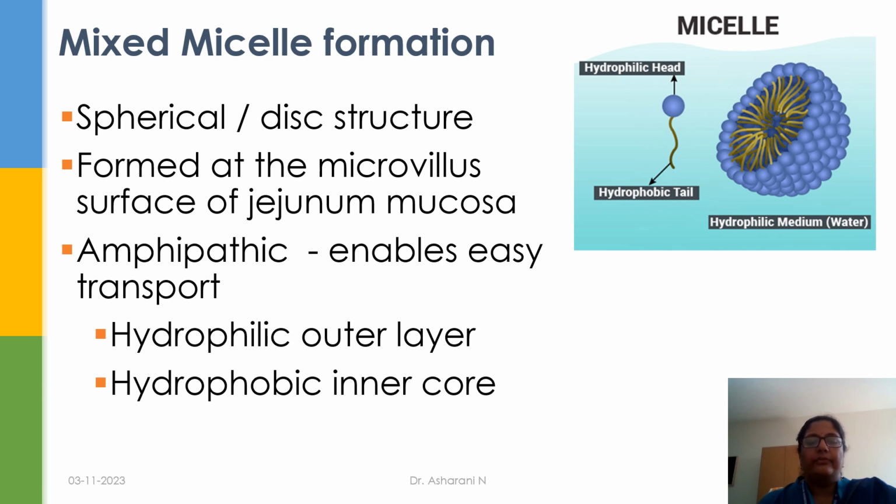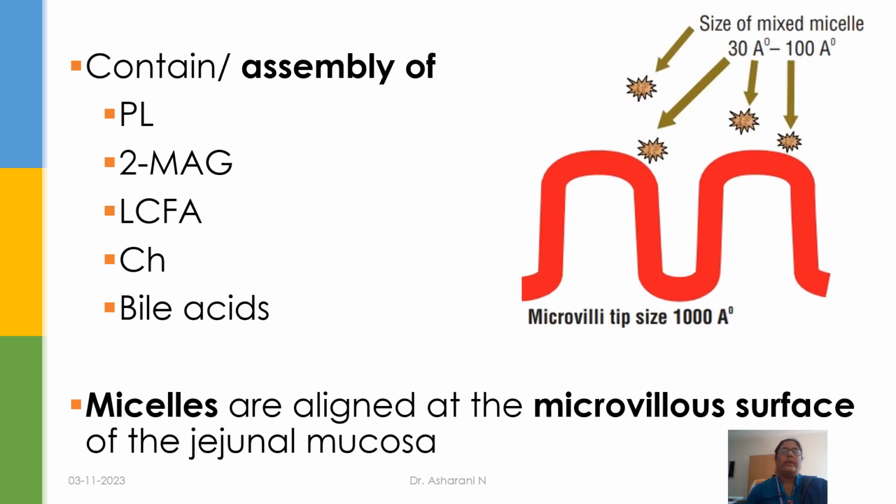The hydrophilic outer layer is mainly made by an amphipathic lipid, that is phospholipid. So this micellar structure is an assembly of phospholipid, 2-MAG, long chain fatty acids, cholesterol, and bile acids.